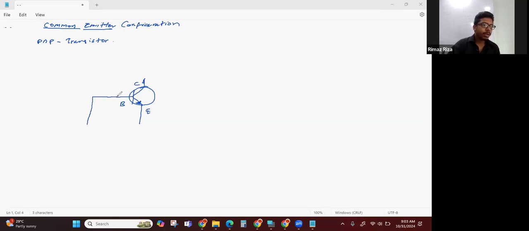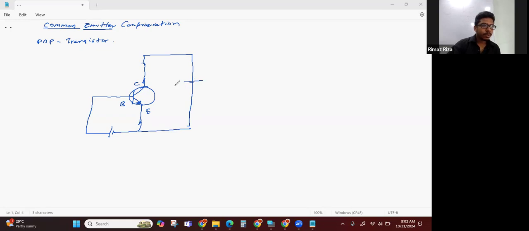So we know BE junction should be forward bias. BE junction should be forward bias. Okay. And then this junction, CE junction should be reverse bias. The other junction should be reverse bias.